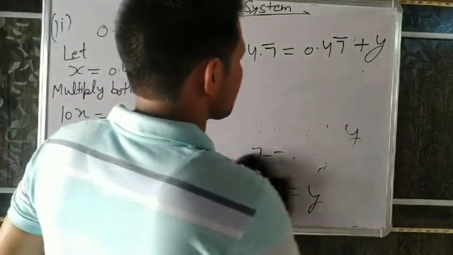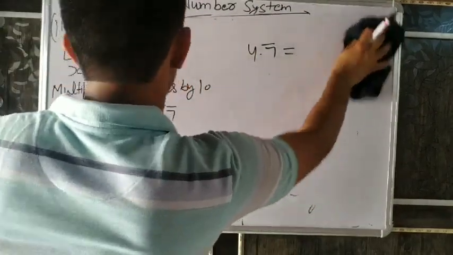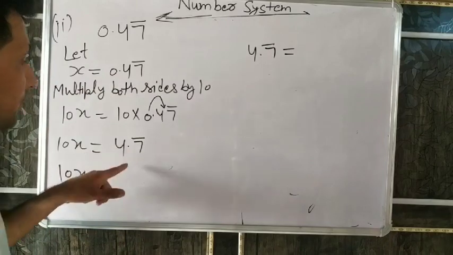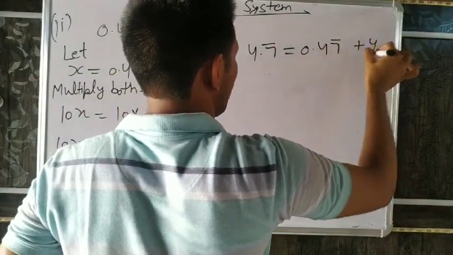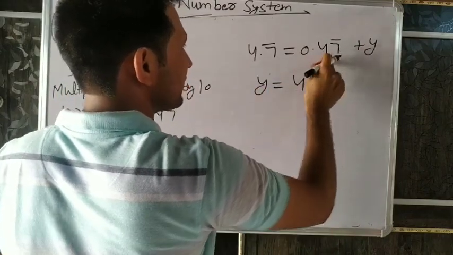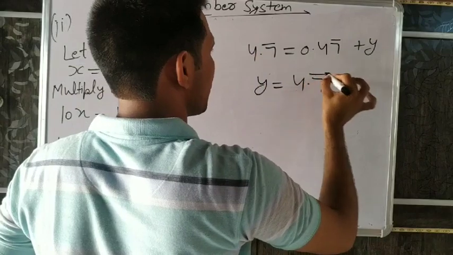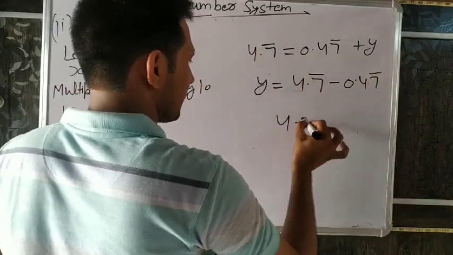So the sum of two numbers: write 4.7 bar as the sum of two numbers in which the first number is 0.47 bar, plus y. So find the y value. y equals 4.7 bar minus 0.47 bar.